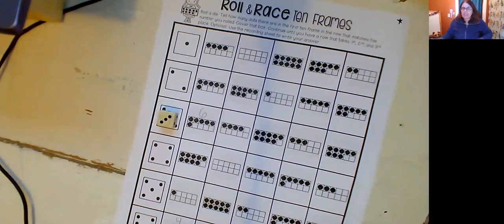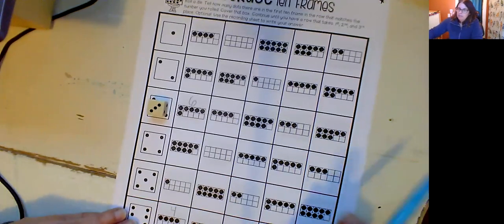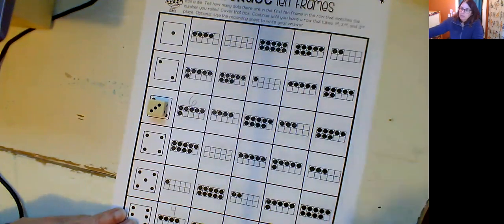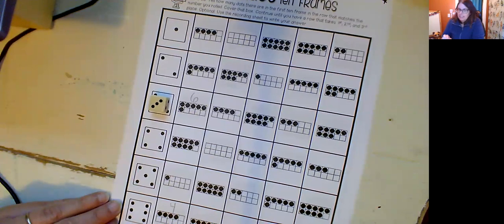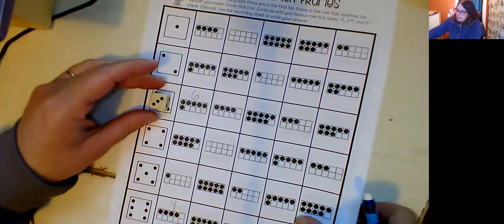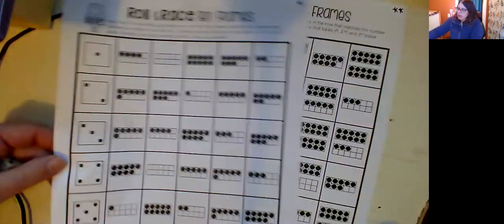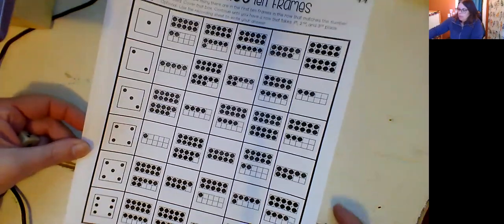Okay, so you're going to keep doing that until you have a row that wins in first place, second place, third place. So you want to get first, second, and third place rows. Okay, so go ahead. There's 2 different papers, so you only have to do one of them. One of them has numbers up to 10, and one of them has numbers up to 20.